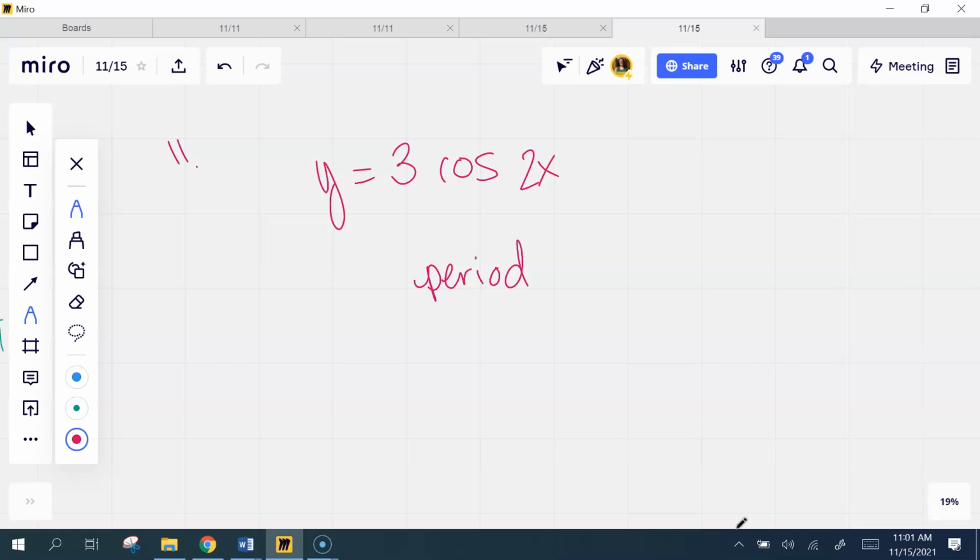How'd you find it? 2 is my B, right? Here's my A and my B. So to find period, I do 2 pi over the absolute value of B. What does that mean?